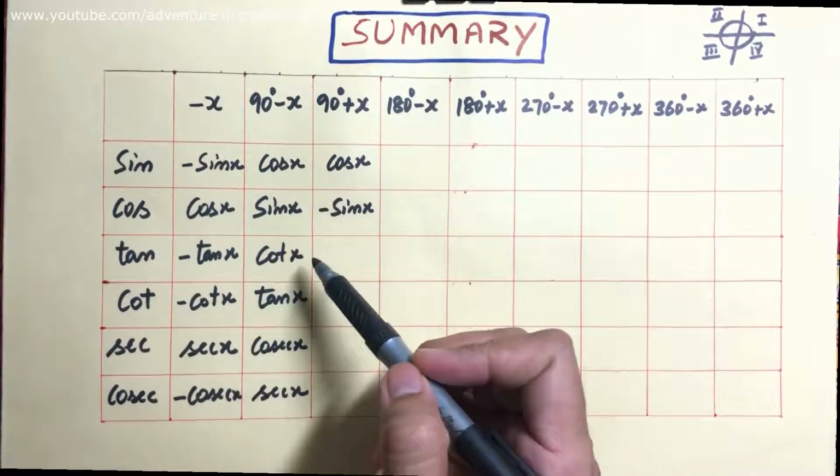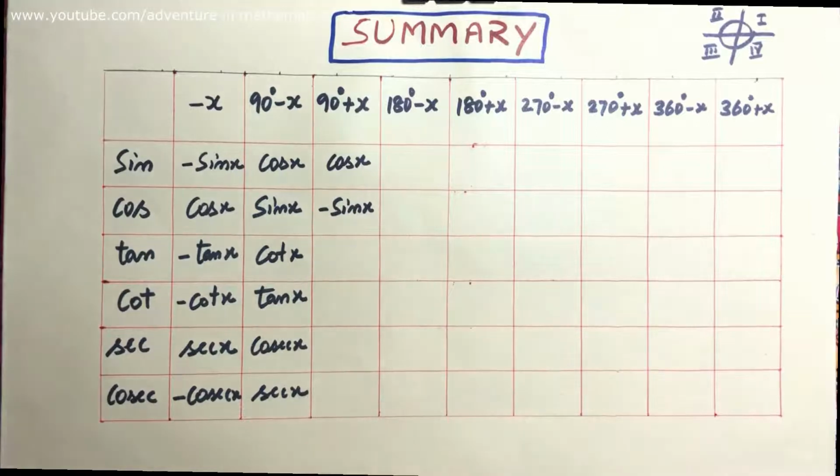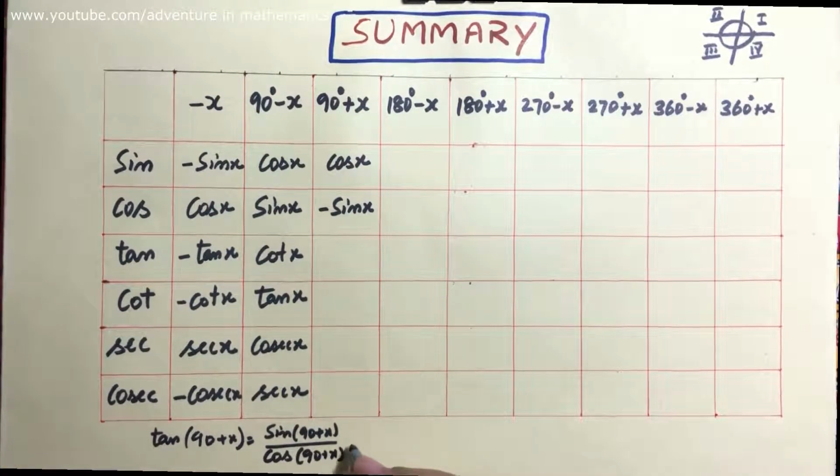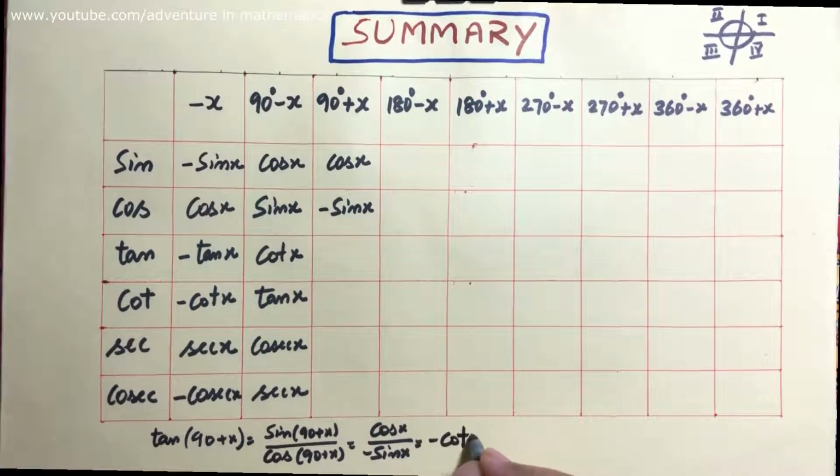So tan 90 plus x, you can easily write, tan 90 plus x is sine 90 plus x divided by cos 90 plus x, and this is cos x upon minus sin x, which is minus of cot x.